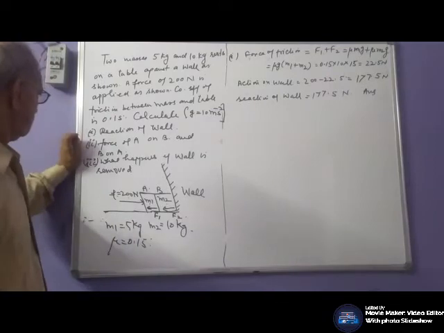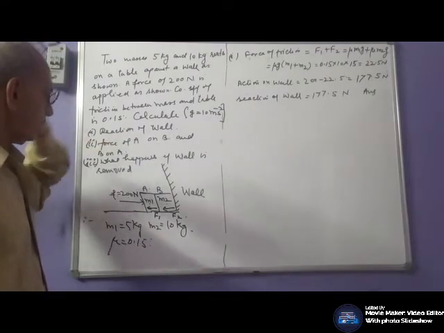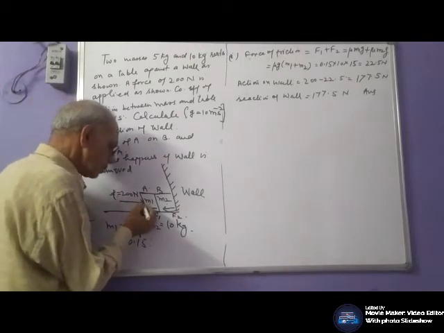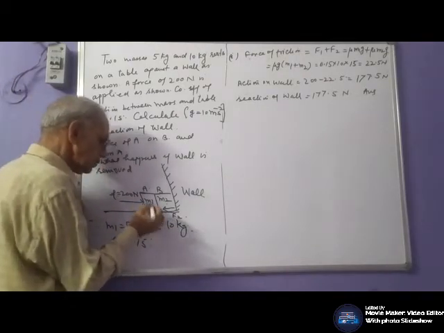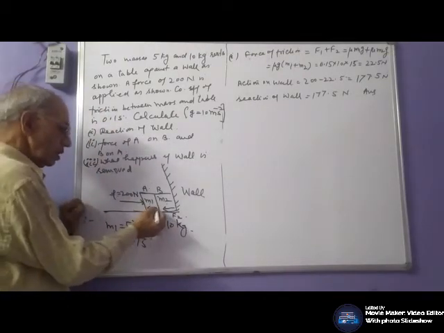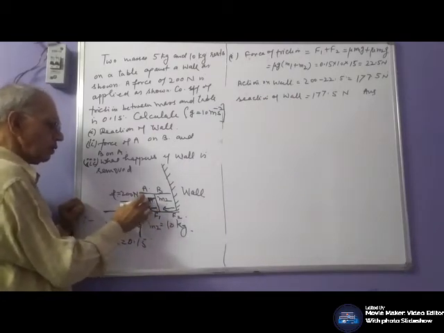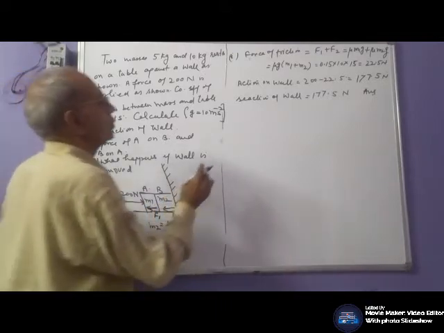Second, force of A on B. This is the applied force. This force is in reverse direction. Force of friction on mass M1.